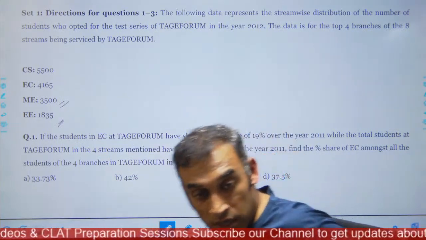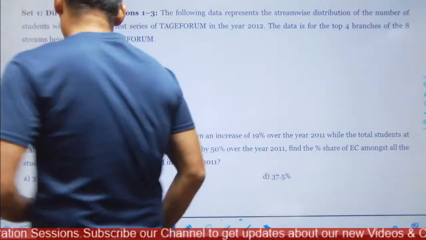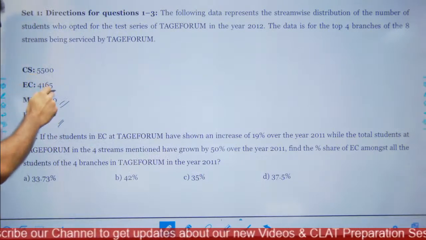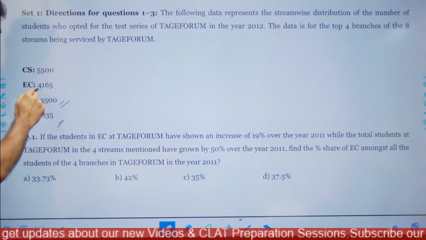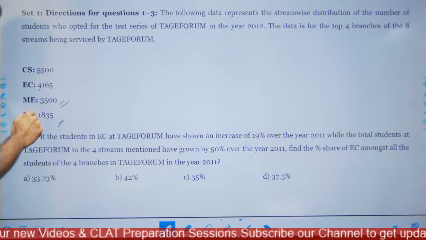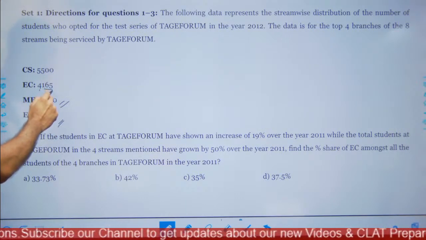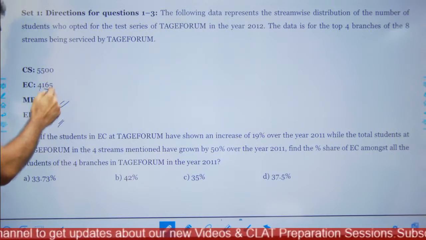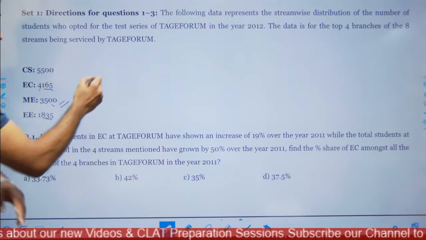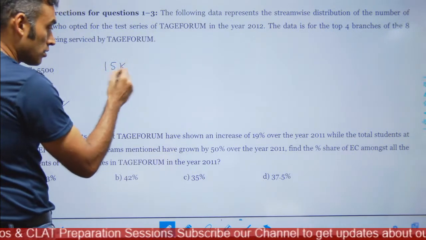So first let's find the sum total of this. So this is 5 plus 4 is 9, 9 plus 3 is 12, 12 plus 1 is 13, 835 and 165 makes 1000. That's 14,000, and 500 plus 500 makes another 1000. So we have 15K audience, right?